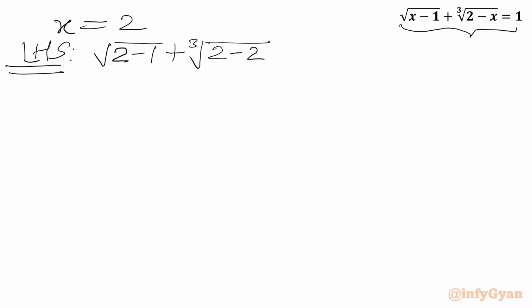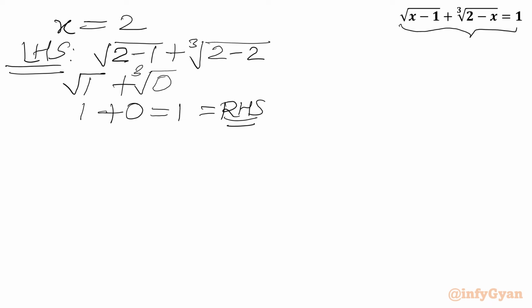This is our LHS. Square root 2 minus 1 is square root 1, plus cube root of 2 minus 2 is 0. So we will get 1 plus 0, which is 1, and this is our RHS. Hence our solution x equal to 2 is a verified solution.